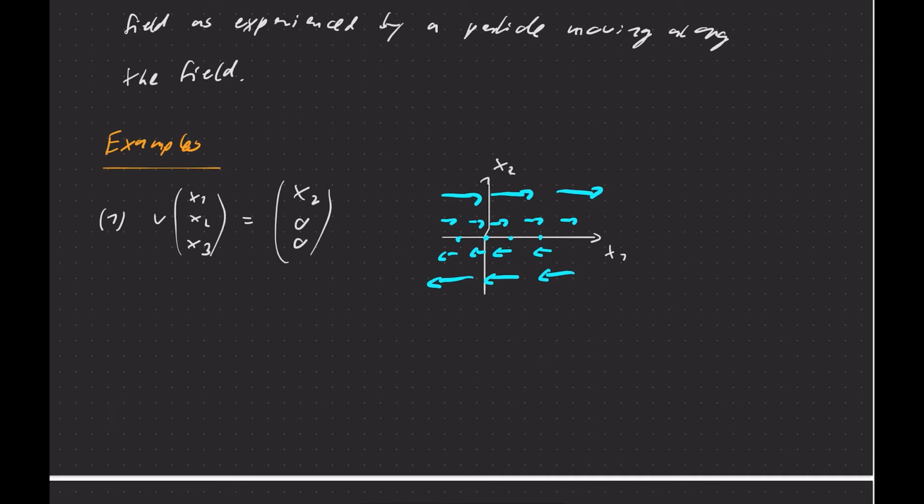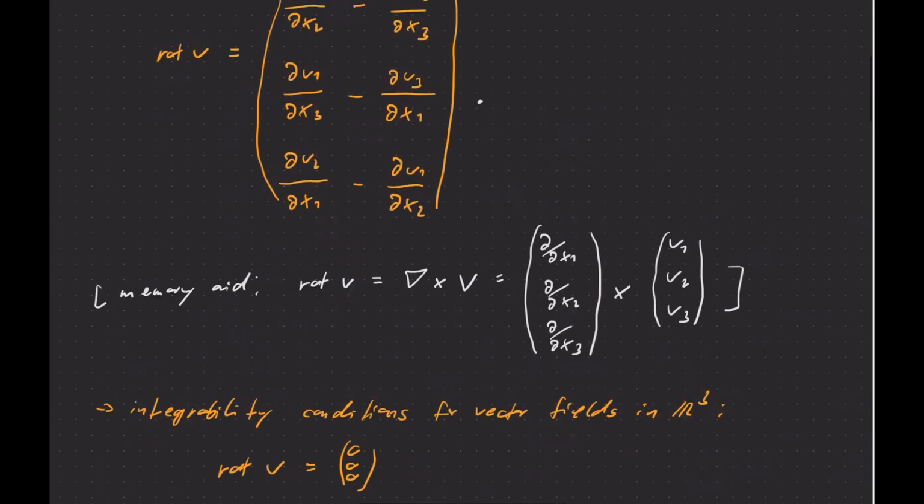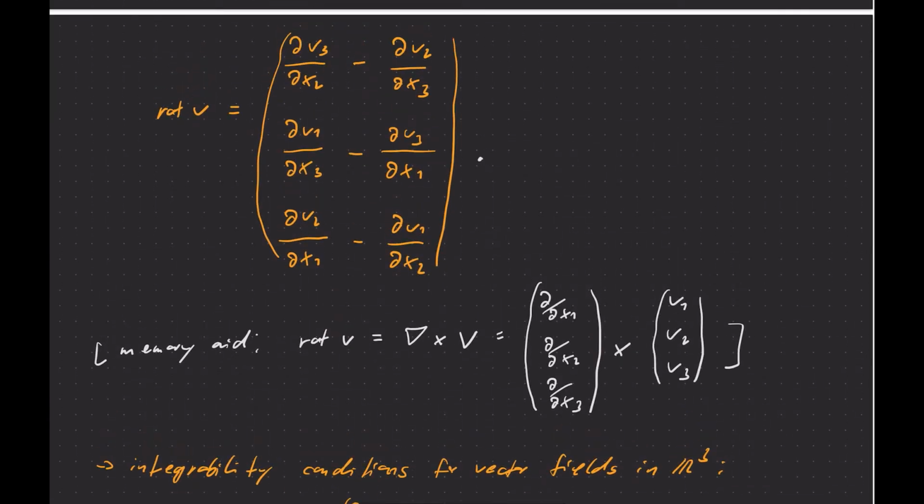So if you compute the rotation of the vector field by just applying the definition, let's have a look at that. So basically V2 and V3 are 0. That means nothing is happening here. That's just V1, and that is x2. So that is also 0. That's 0 anyway.